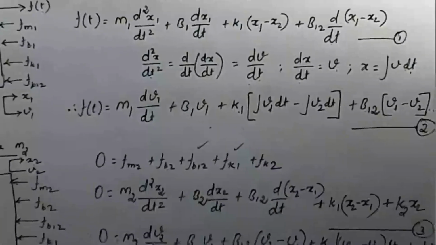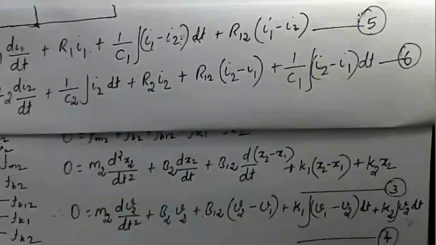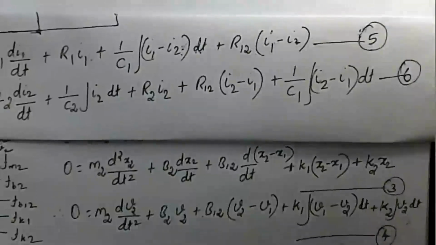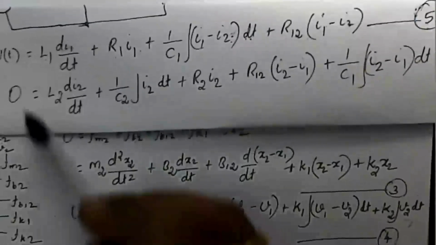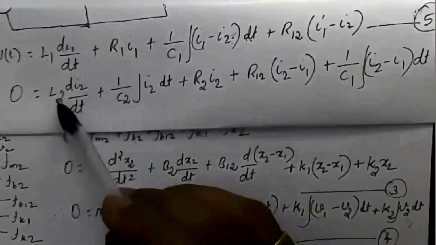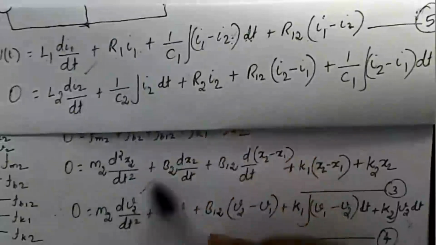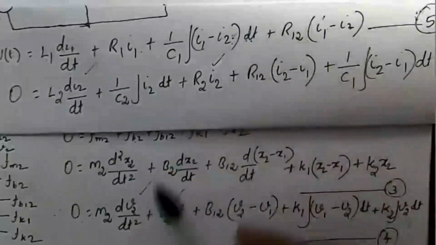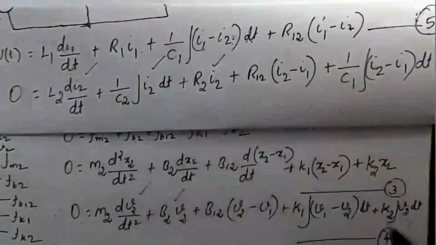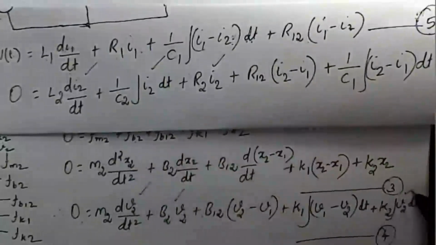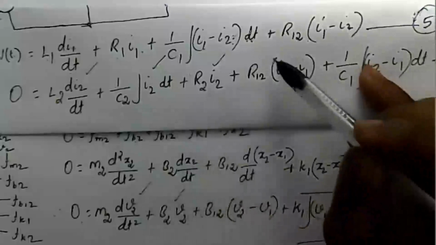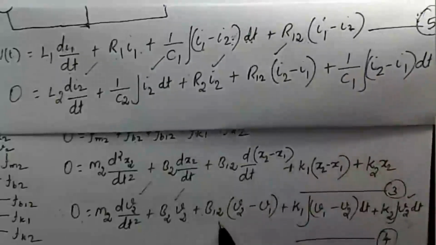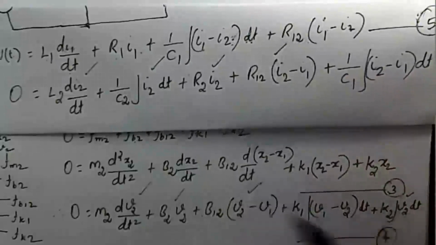Similarly compare equation 6 with equation 4. The left side of both equations is 0. These two terms are similar, then this term is similar to this one, and this last term is similar to this one. Then R12 into I2 minus I1 is similar to B12 into V2 minus V1.